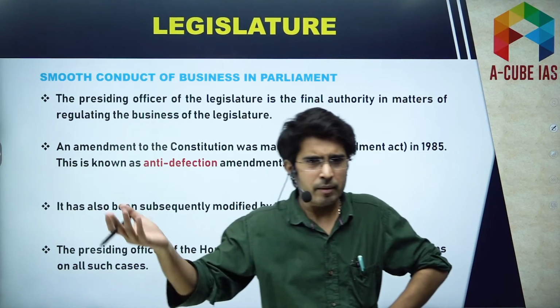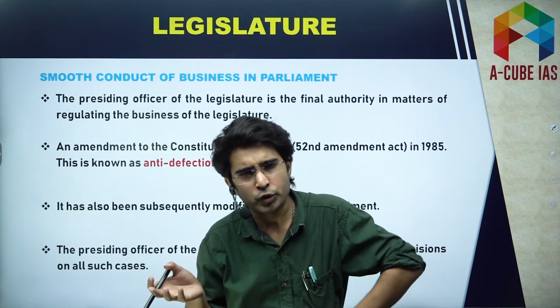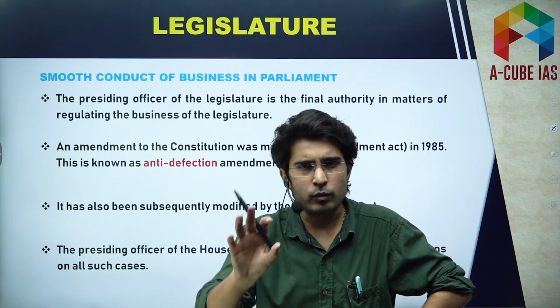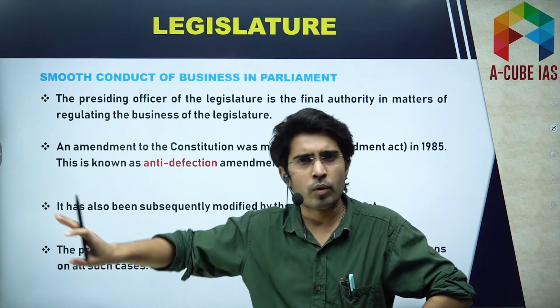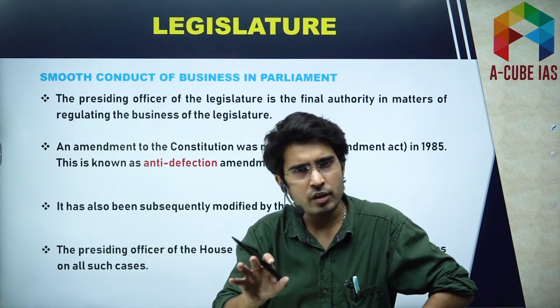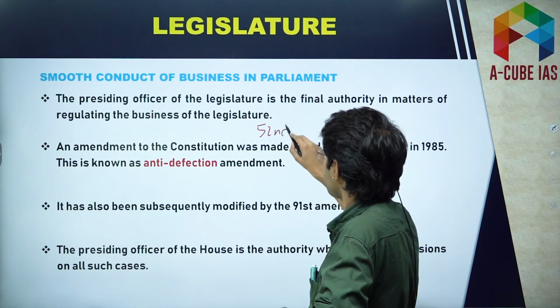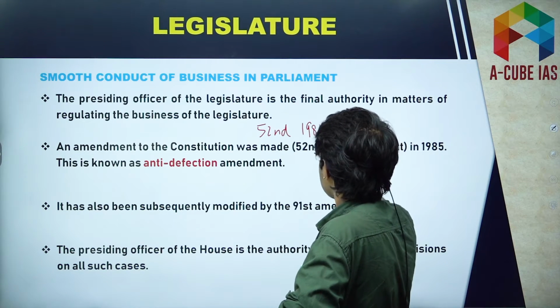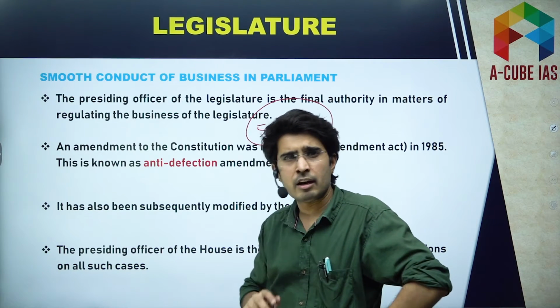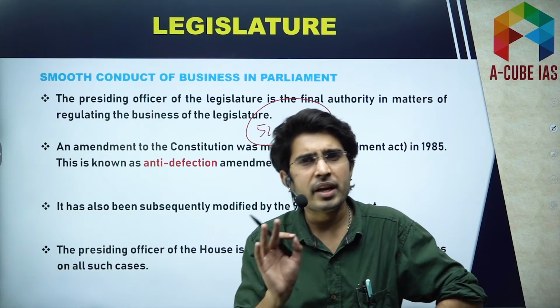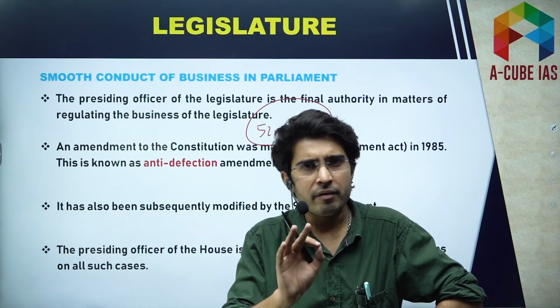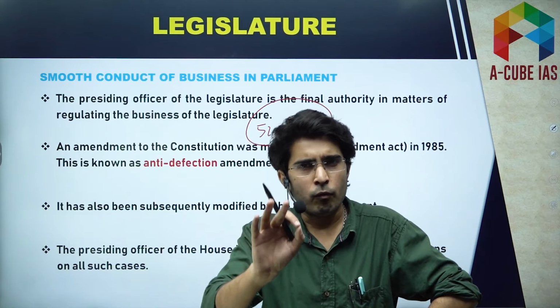In fact, before anti-defection law, so many political defections would take place, but later on anti-defection law was passed, which was inducted through 52nd Amendment Act 1985. And let me tell you, we have made a comprehensive video on anti-defection law. You can watch that video.